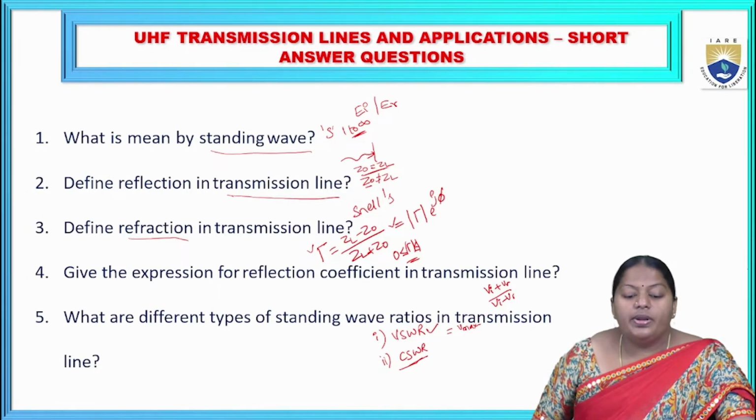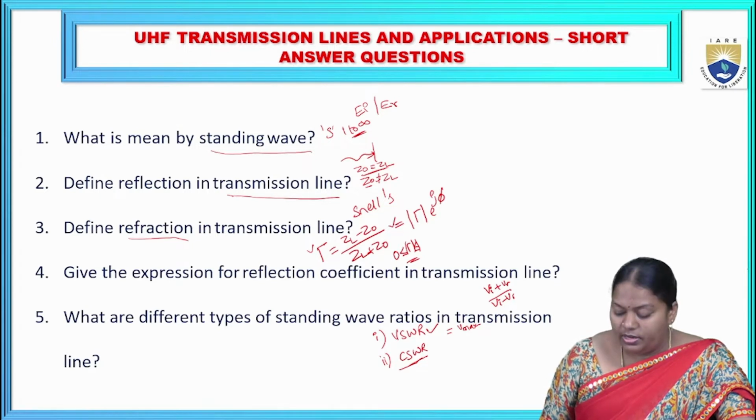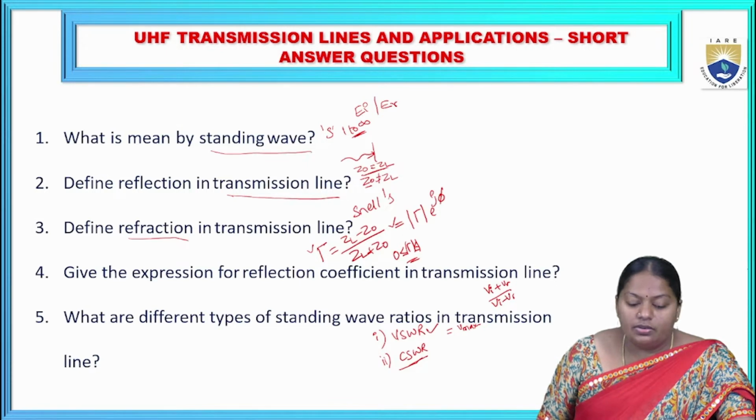Right? So depending upon this, standing waves can be considered as stationary waves. Those are the waves consisting of two traveling waves, one is the incident wave and the other one is the reflected wave. Then coming to reflection, if ZL is not equal to Z0, that is, characteristic impedance is not equal to the load impedance, reflection occurs.